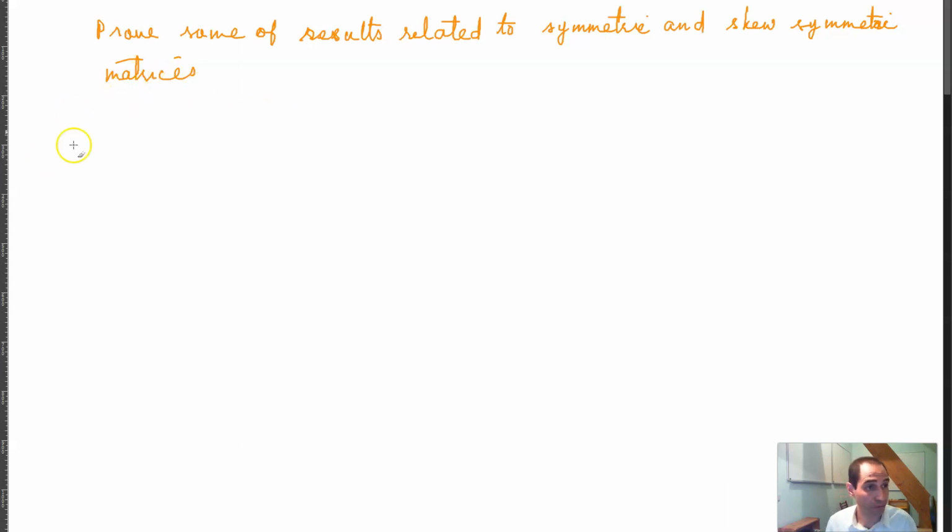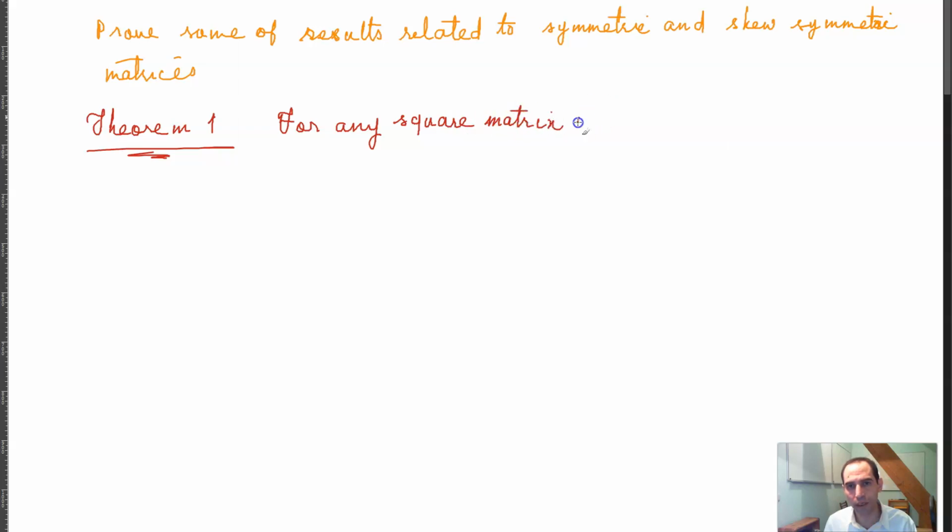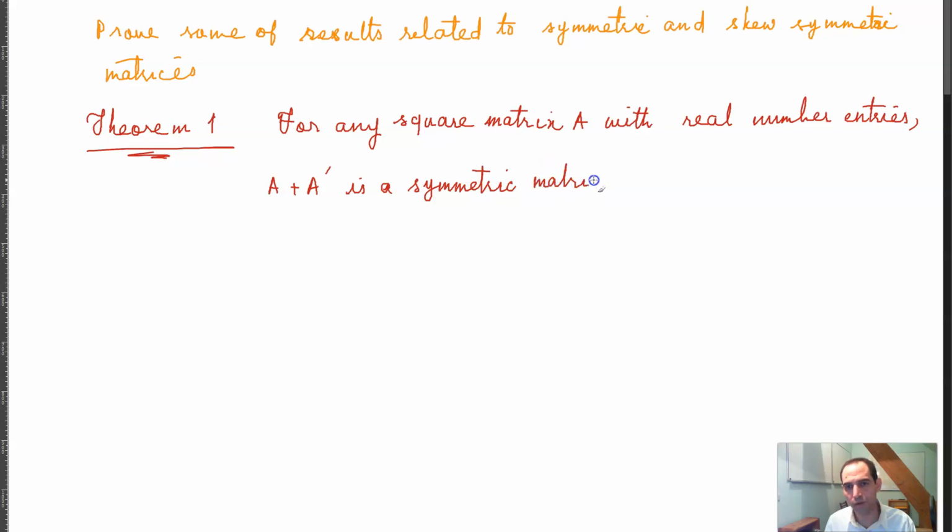Theorem number one: for any square matrix A with real number entries, A plus A prime, which is the transpose of A, is a symmetric matrix, and A minus A prime is a skew symmetric matrix.